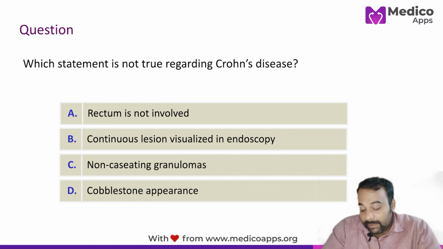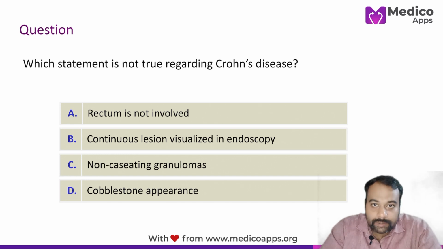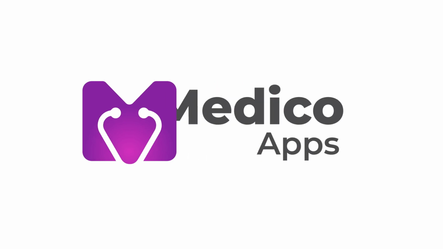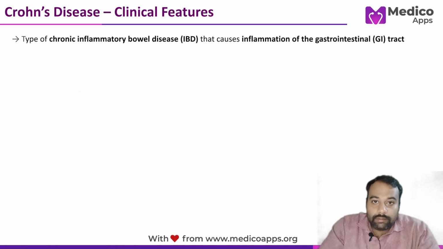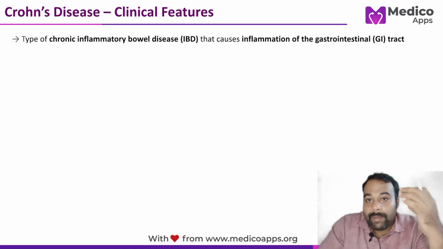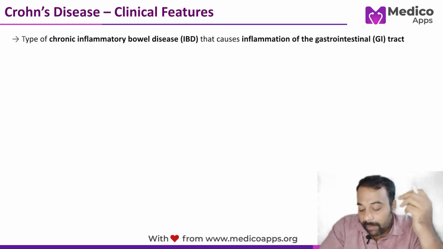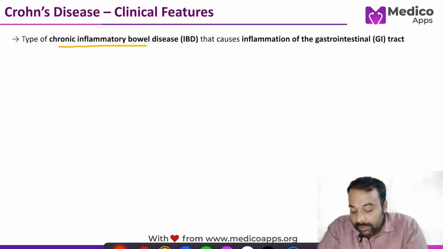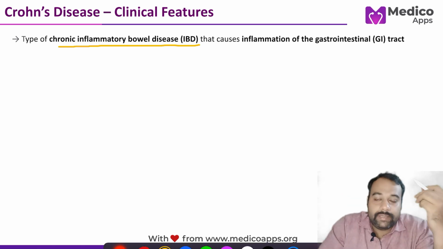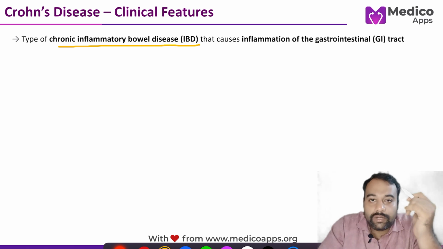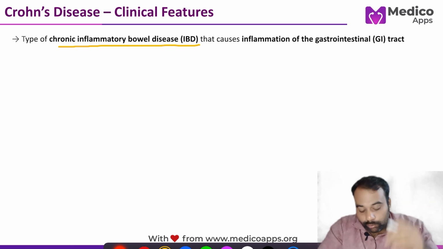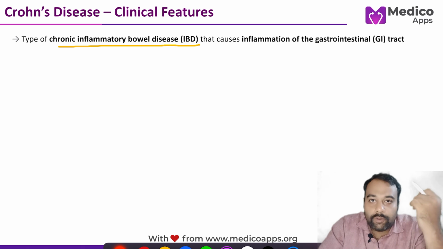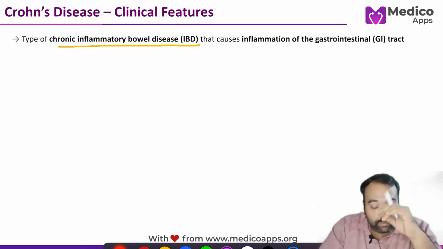Okay, so let's see a few concepts regarding Crohn's disease. Crohn's disease is basically a chronic inflammatory bowel disease, which is divided into two types: ulcerative colitis and Crohn's disease.